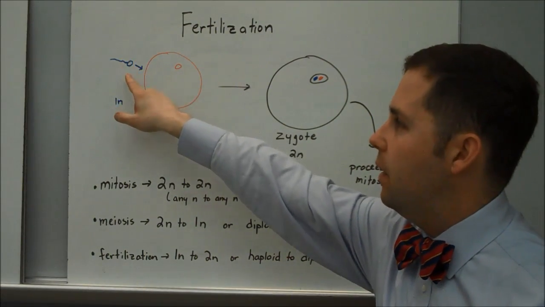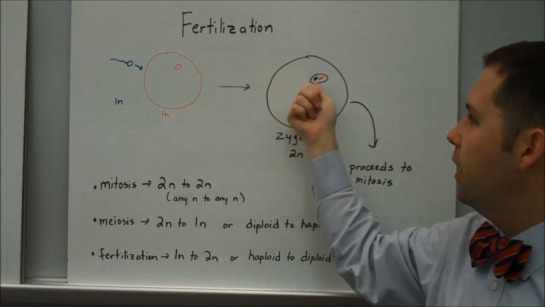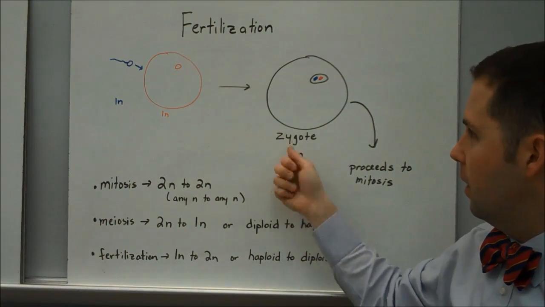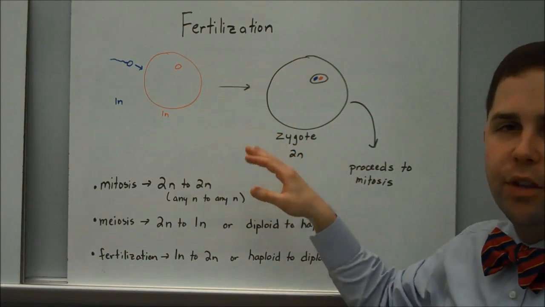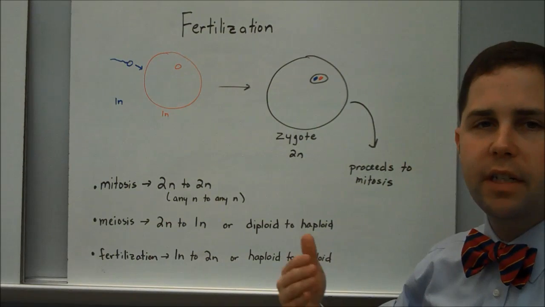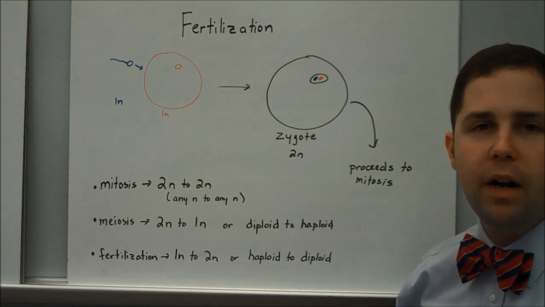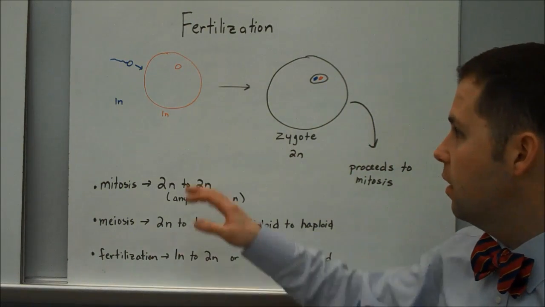And the male gamete, the sperm cell, just adds a little bit of nucleic material to make this cell diploid. This cell is going to continue on through life utilizing those mitochondria, the endoplasmic reticulum, the Golgi, and the ribosomes that came from the maternal lineage because of that.